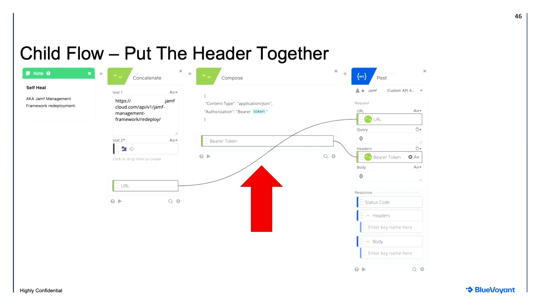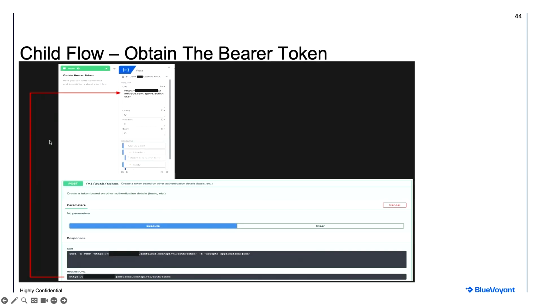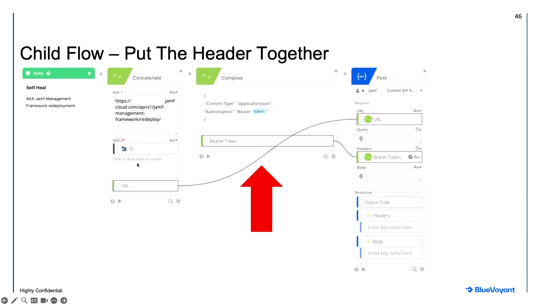If you notice the token section is in blue, that means I literally dragged and dropped the token you output from the custom API previously shown here at the very bottom, and I moved it to the compose section of the card.